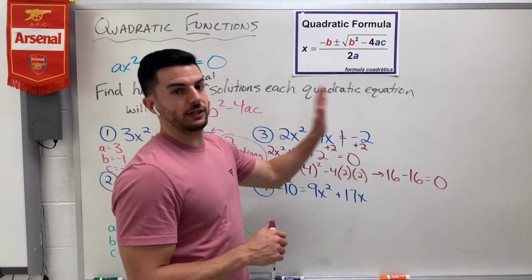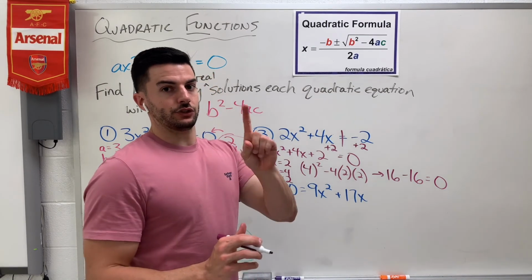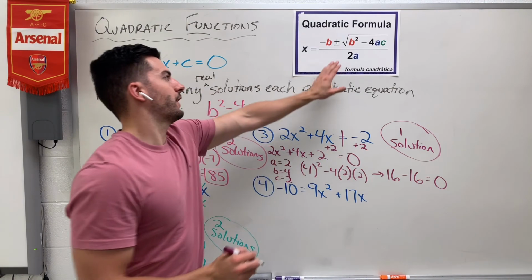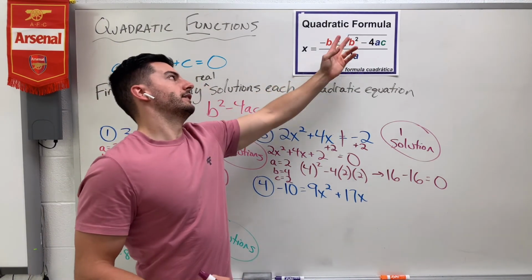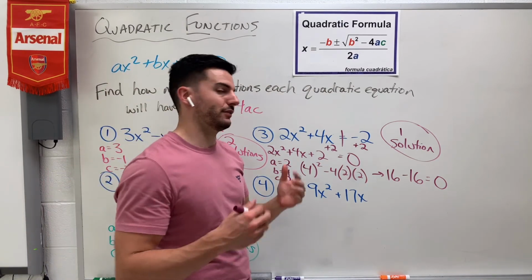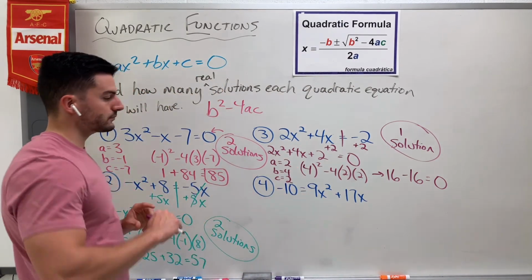So again, if that discriminant's 0, that means that there is one solution, all right? Because we would take the square root of that, and it would be 0, and that plus minus wouldn't really apply anymore. We wouldn't have to worry about that, okay?